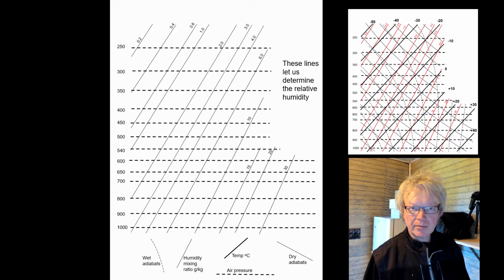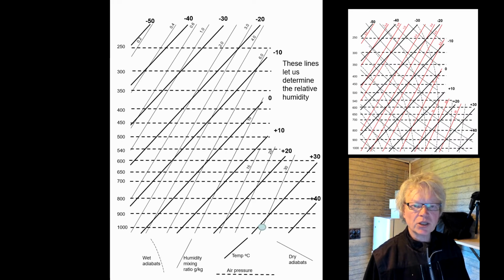So let's put on our elevation lines, our temperature lines, and this time, before we put the other lines on, here we have our air parcel, and its starting temperature is about 32 degrees. What's the maximum amount of moisture that that air parcel can hold?